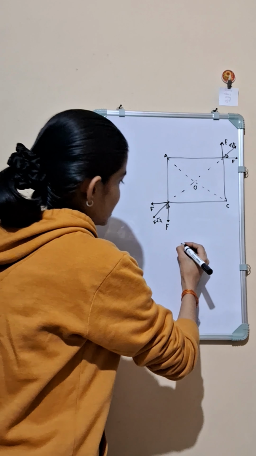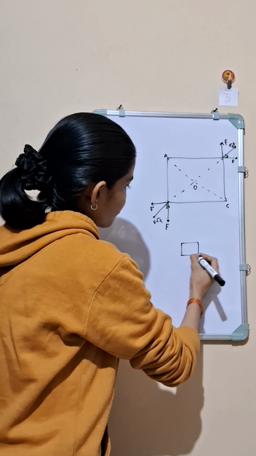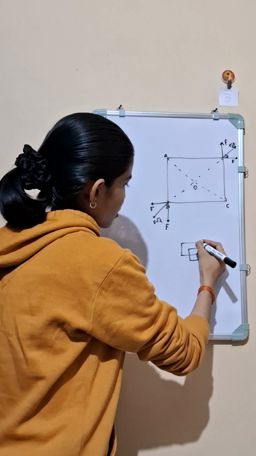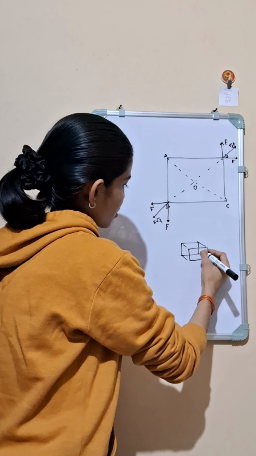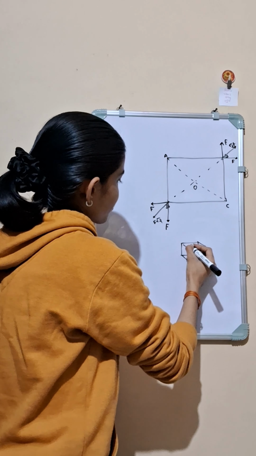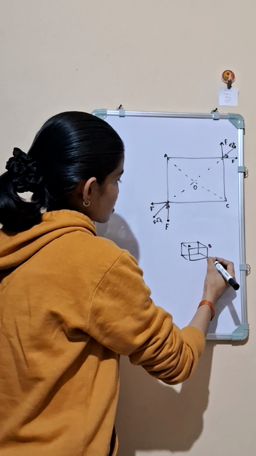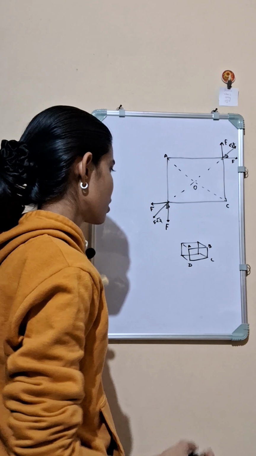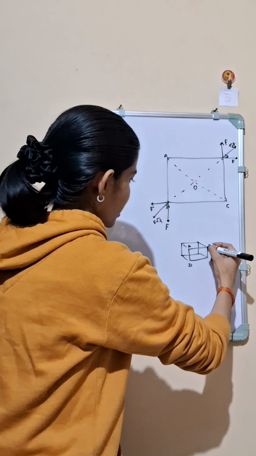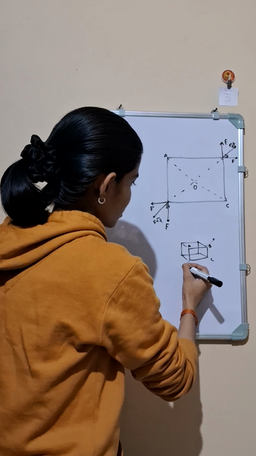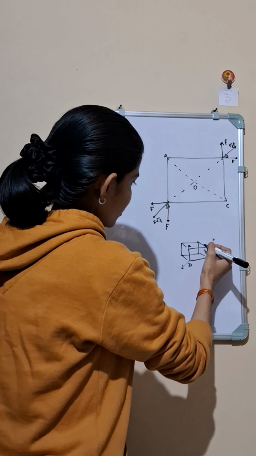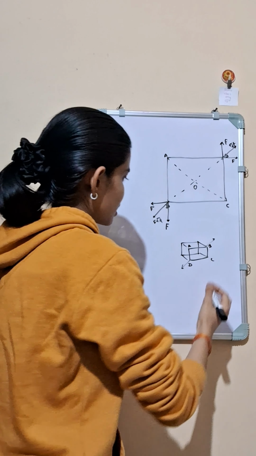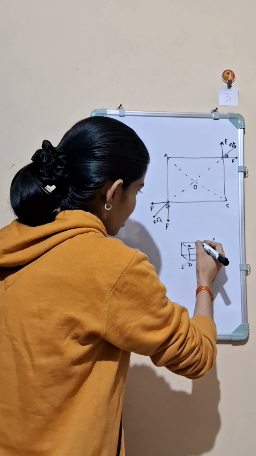What I mean by cutting it: this is ABCD. Now a force is being applied along this direction. I am trying to make it slice. It is a 3D object, obviously you can see that.